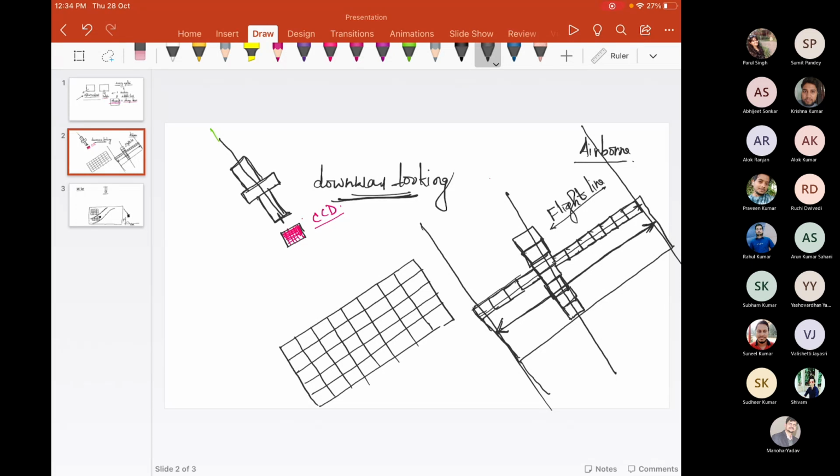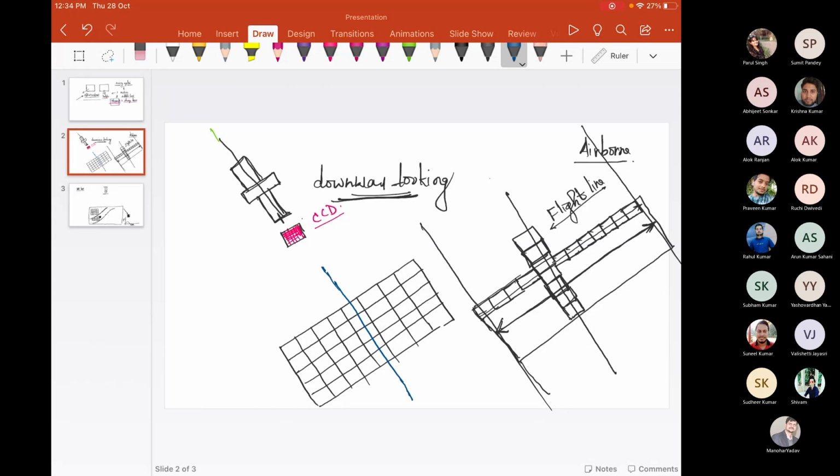So when you project a flight line on the ground surface, it will fall over here. Let's say it passes along the GRCs which are connected along the flight line.